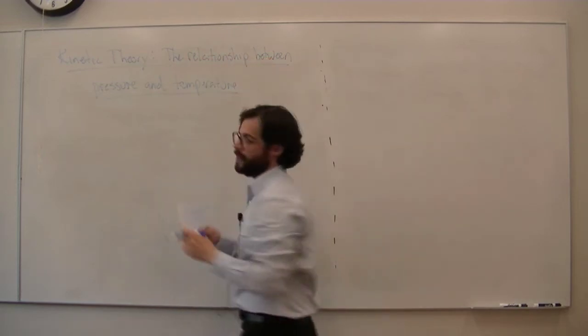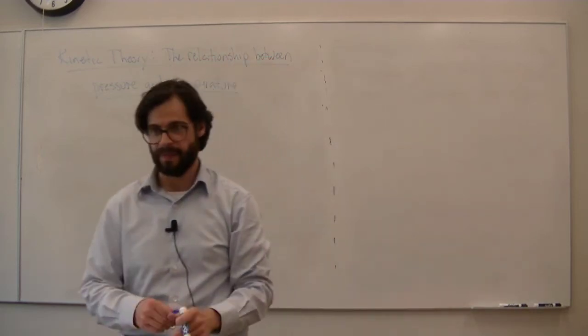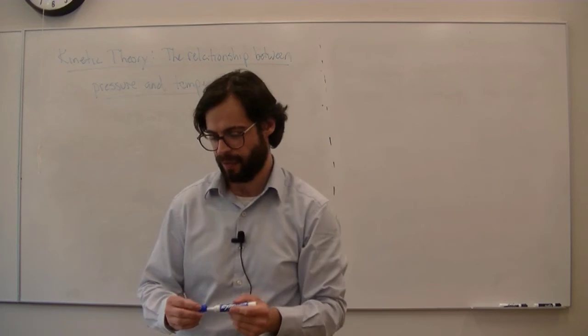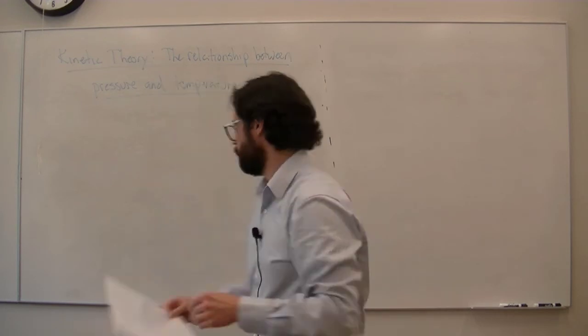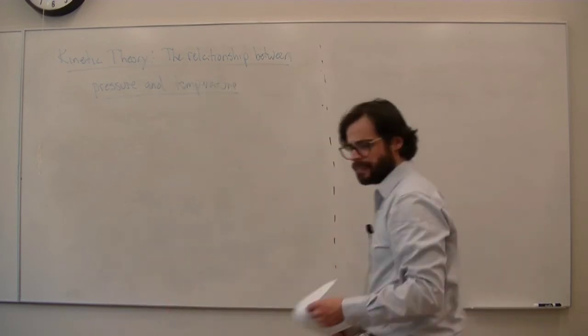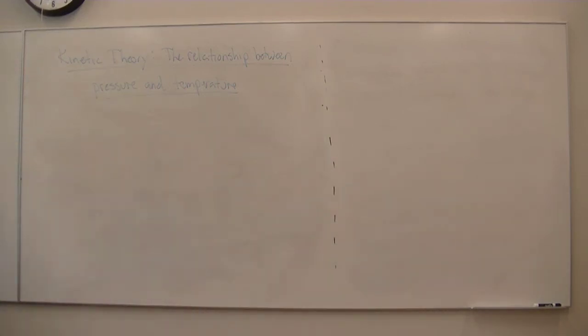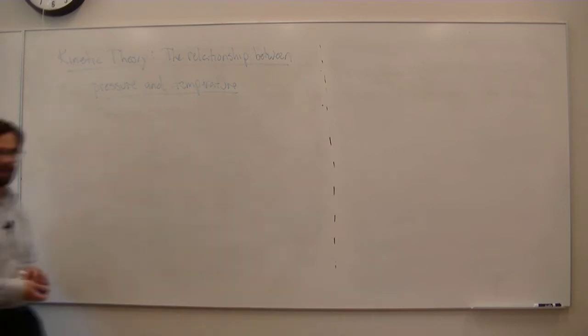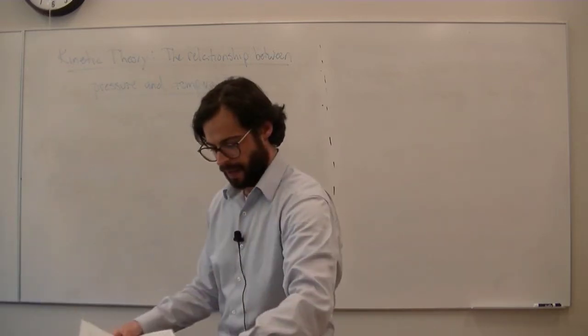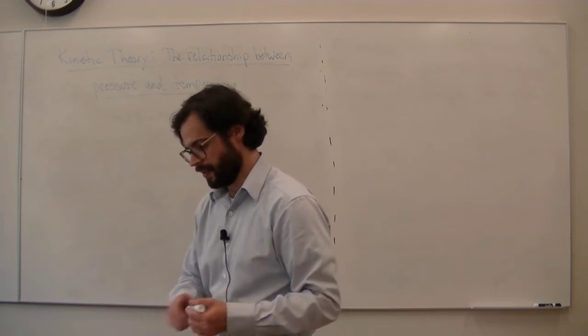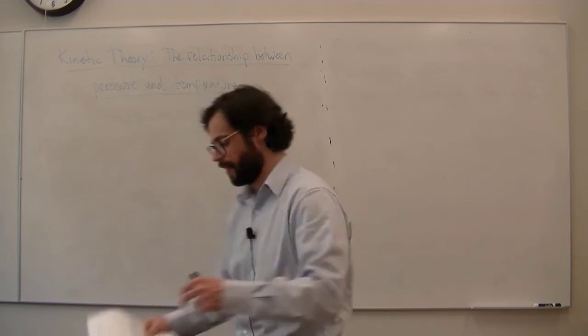The way we'll do this is we'll make a kind of toy theory model for a box of gas. And then what we'll do with that is deduce what we can, on purely theoretical grounds, about how much pressure we can exert on the side of a box by just smacking stuff into it.